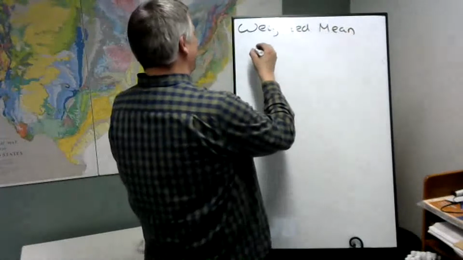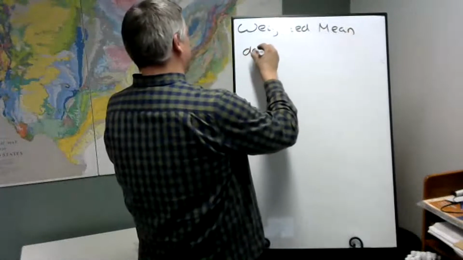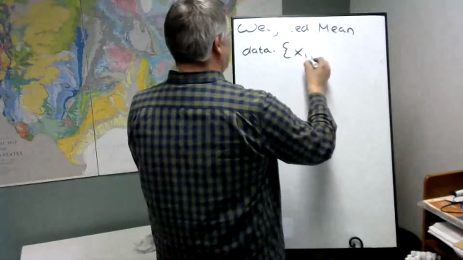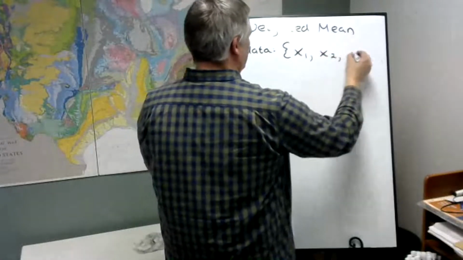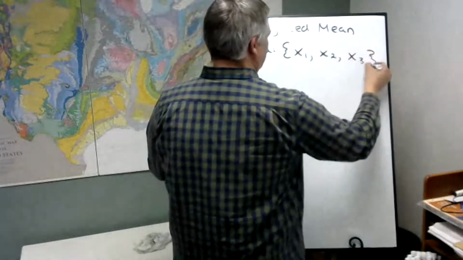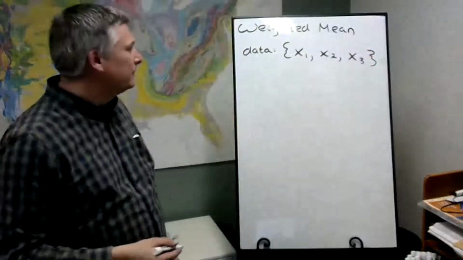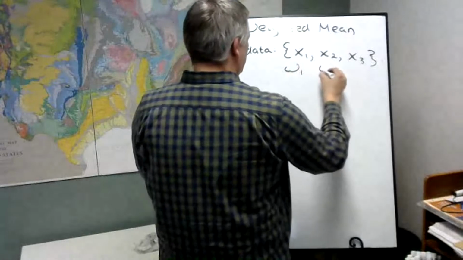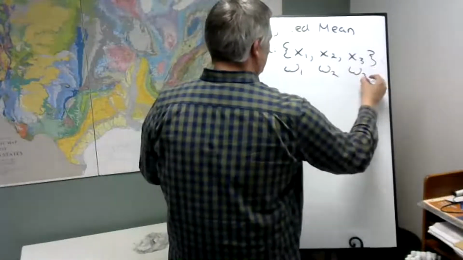So we have our data values. Let's say our data is x1, x2, and x3, and we'll do a numerical example. But this one has a weight, this one has a weight, and this one has a weight.